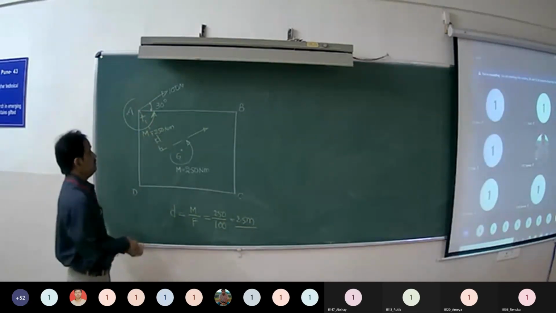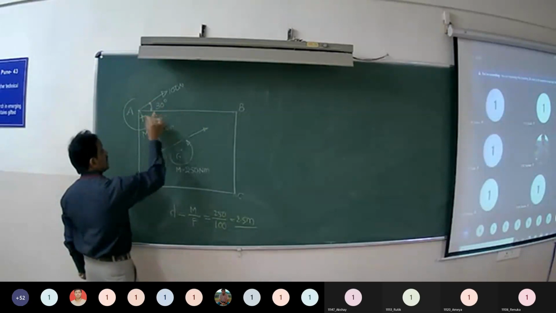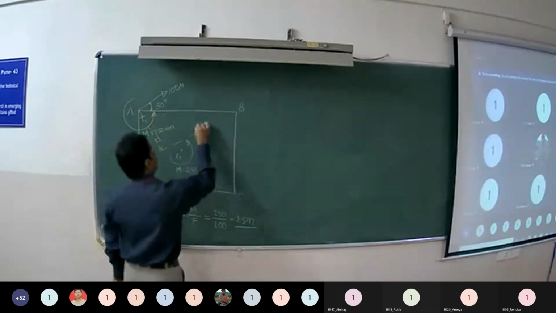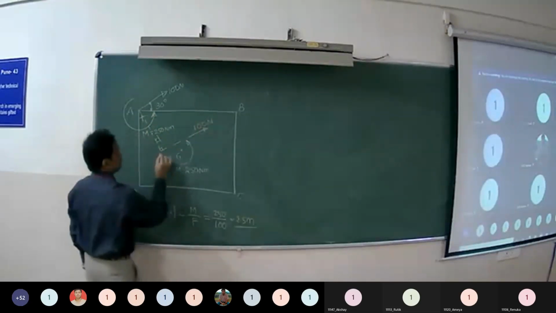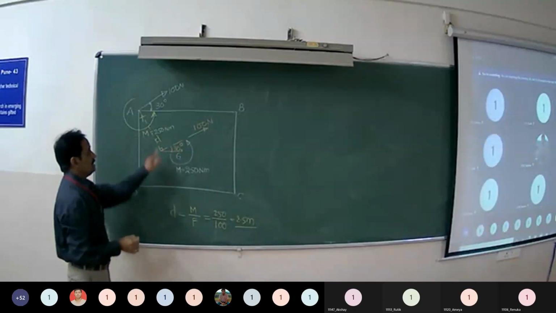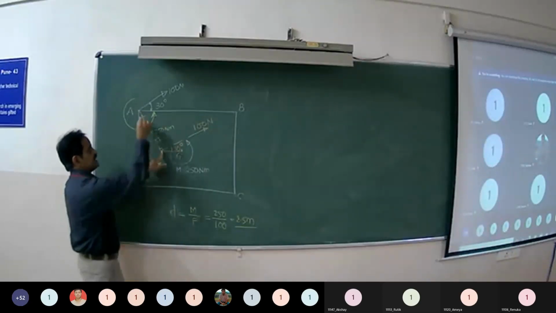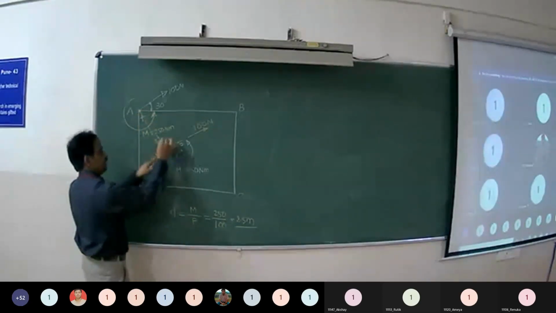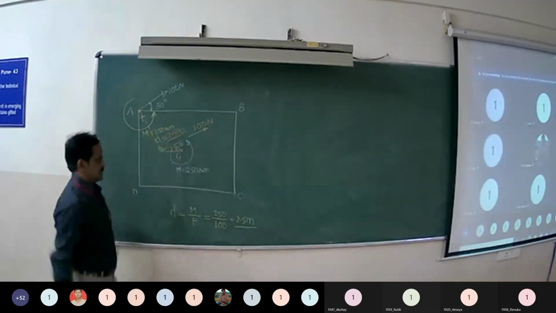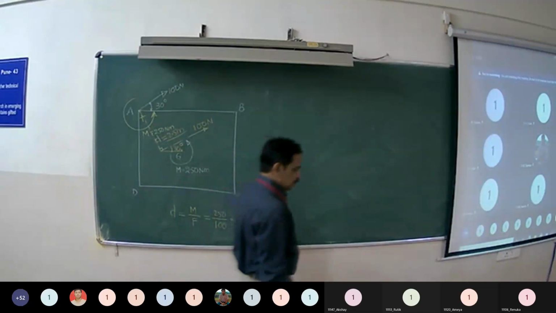So when you combine 100 Newton force and 250 Newton meter couple, you will get a resultant force of 100 Newton acting at 30 degrees with horizontal at a perpendicular distance from point A of 2.5 meters. Have you understood?